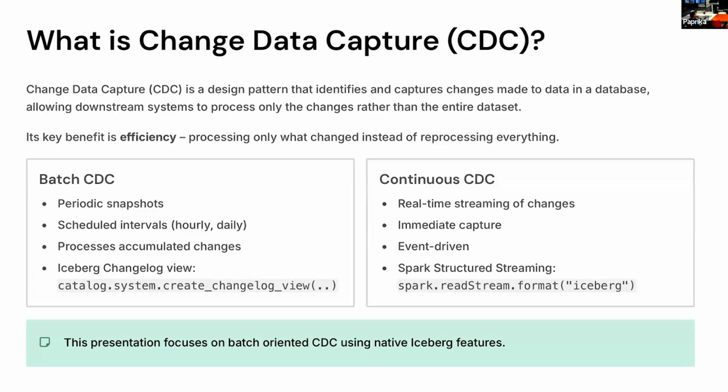There are 2 types of CDC approaches. I would say batch CDC is what we mostly have. We have some streaming tables, of course, but for that we use different technologies like Firehose and Spark streaming. But many of the batch use cases could very well benefit from CDC. So today I will be mostly focusing on the batch side of the story.